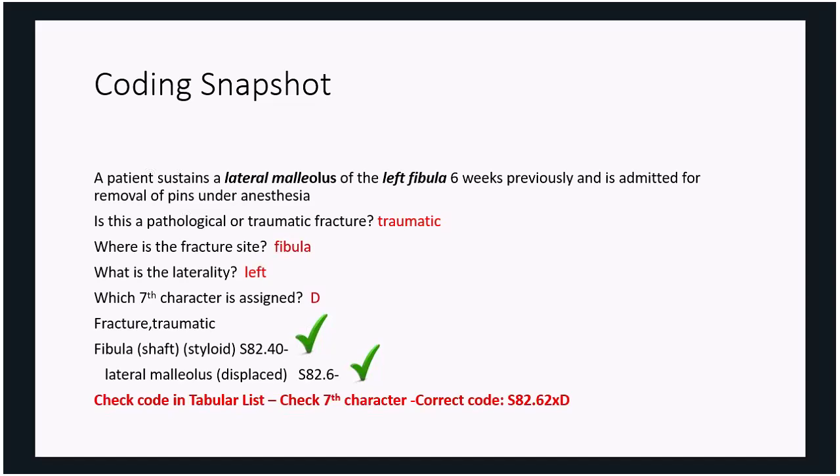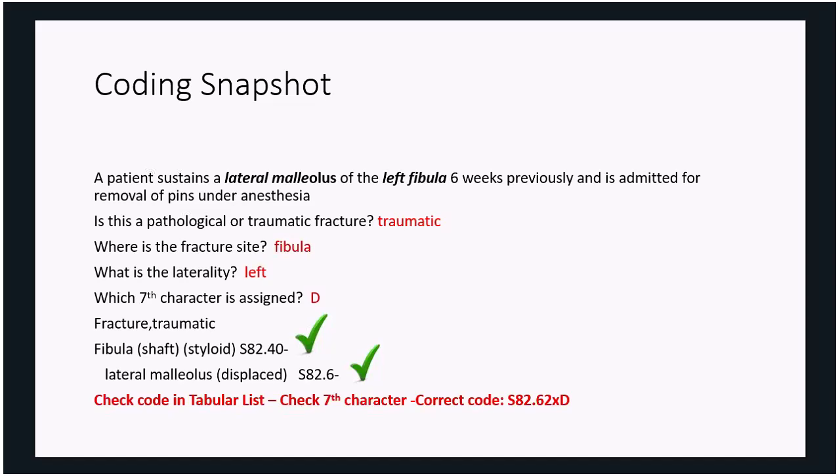Well, the physician told us exactly where on the fibula that the break occurred, so we want to drill down further, and we see the indented term lateral malleolus, displaced, S82.6 dash. So this is where we want to go. So we want to go to the tabular list to check this code out further.